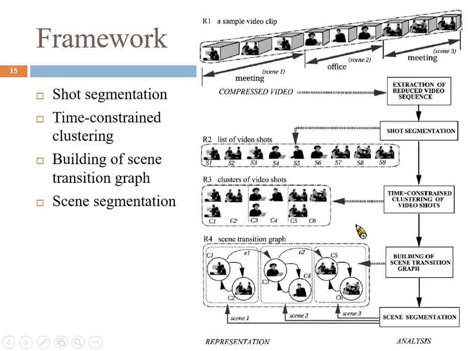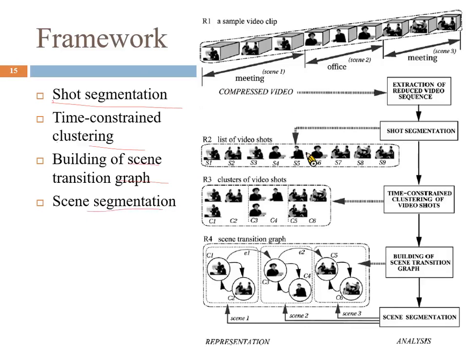So here is the whole framework. Given a video, they detect video shot changes first. So the first step is shot segmentation. And then they do time constraint clustering, as we mentioned above. And then they build the STG. And then they do scene segmentation.